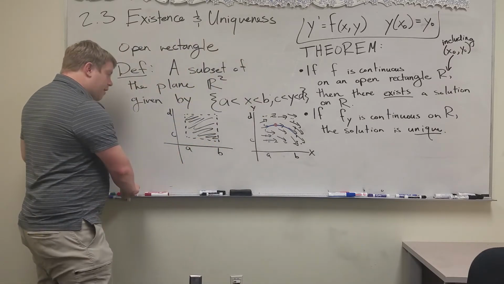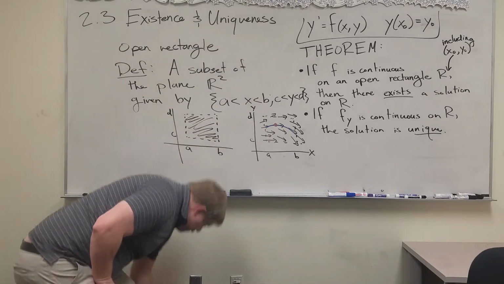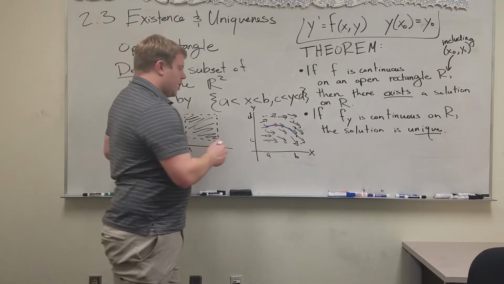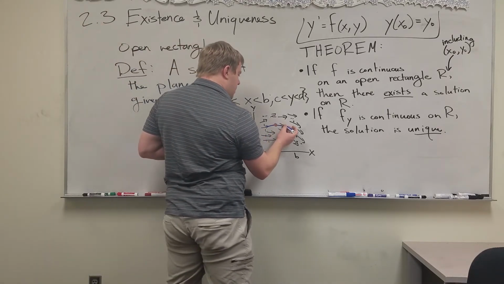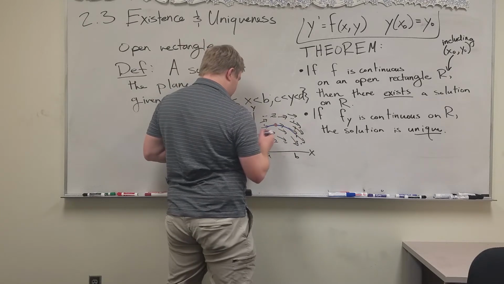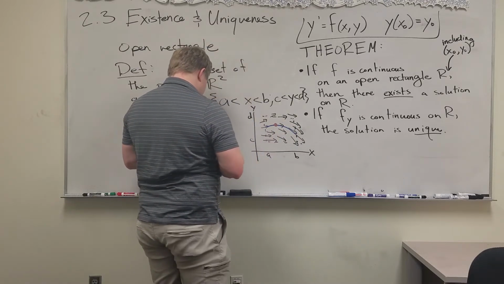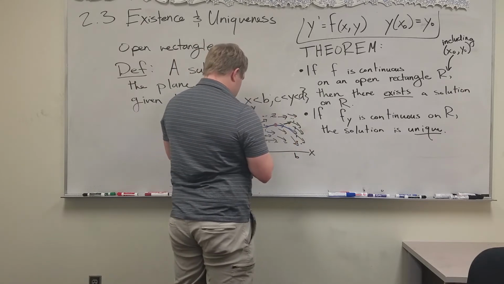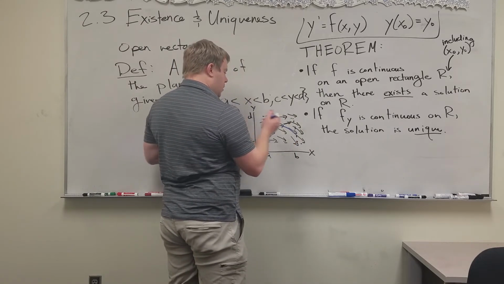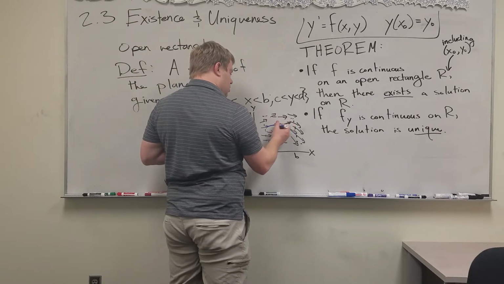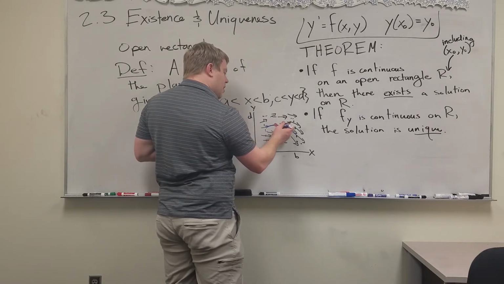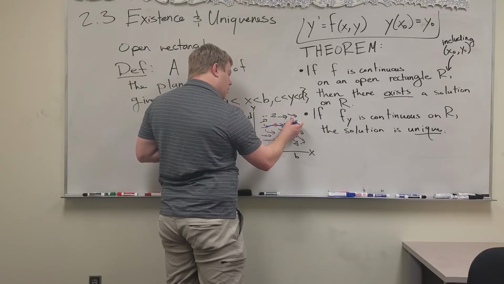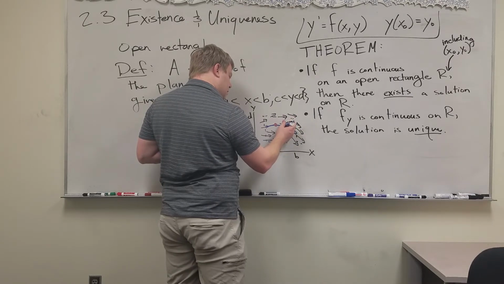Well, if I were to have a partial derivative with respect to y that is not continuous, then that would mean that something weird could happen where I could have branching arrows at a particular point. So maybe something like this, which would mean that I could also have some solution that, even though it goes through this point, later on branches away from the previous solution.